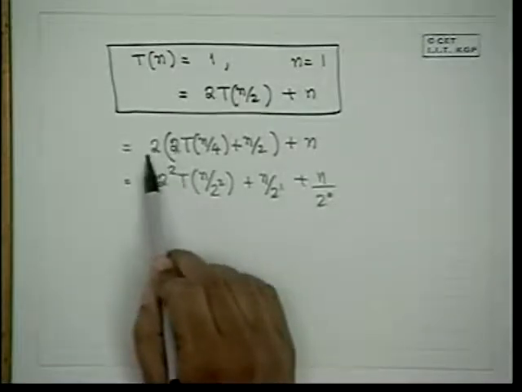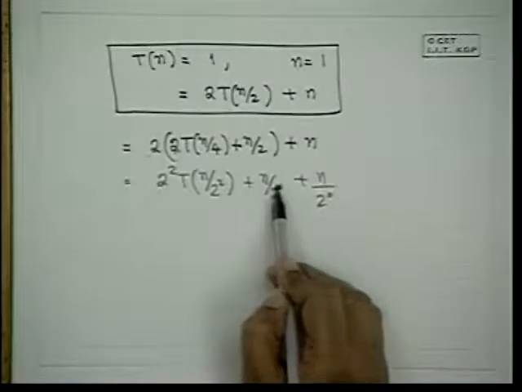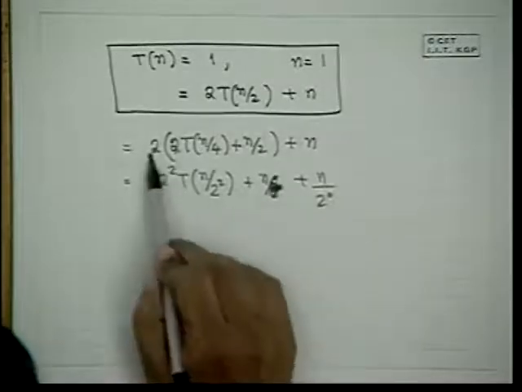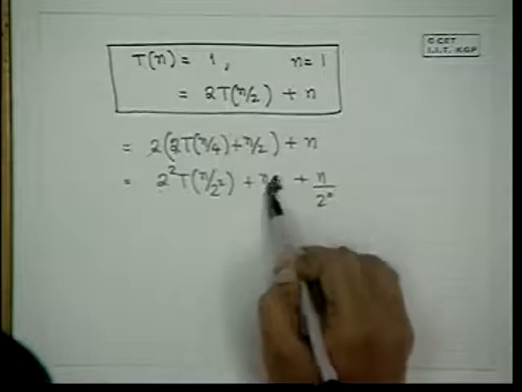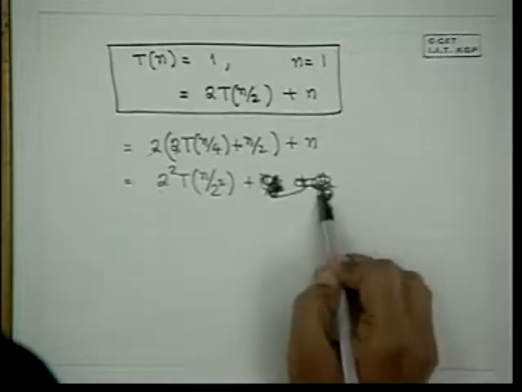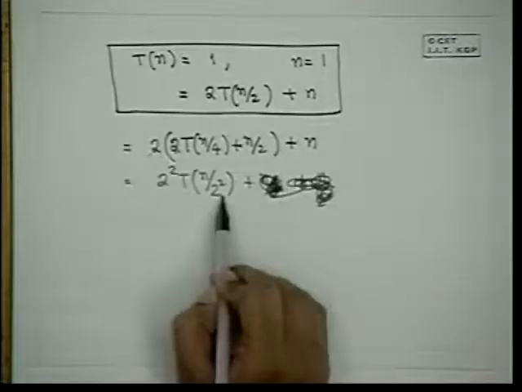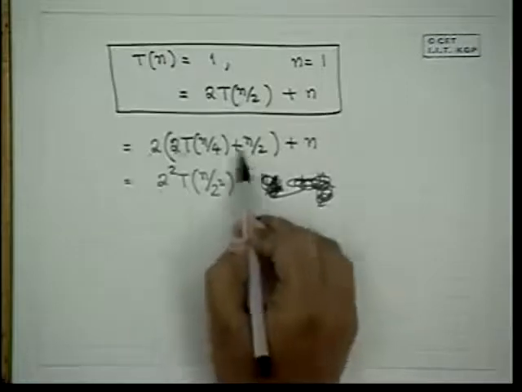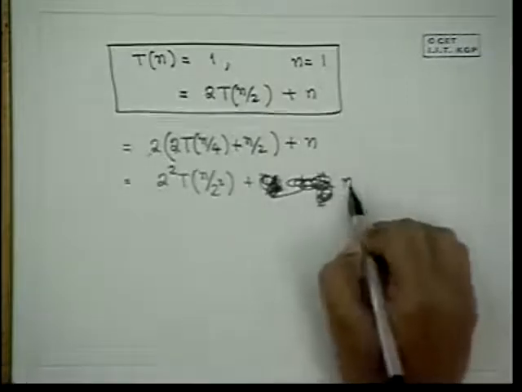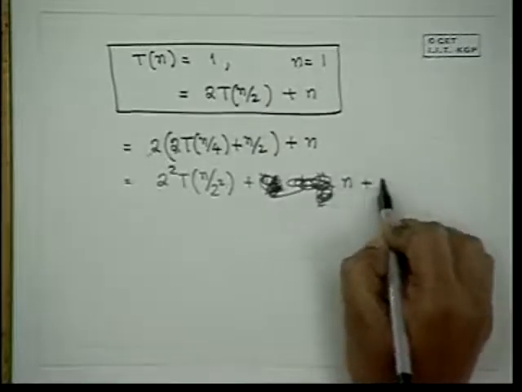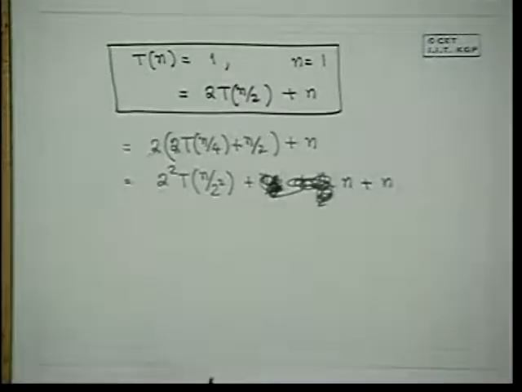Sorry, 2 into n by 2 will be n. I'm sorry, this is not this. This part is okay. What is this part? n plus n. Right, this is it.